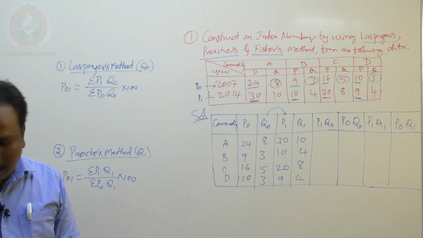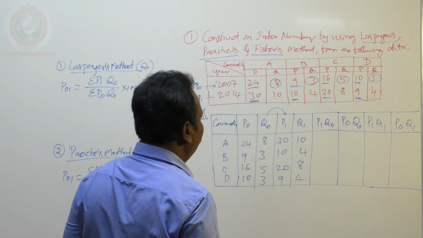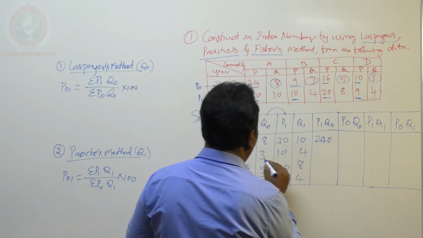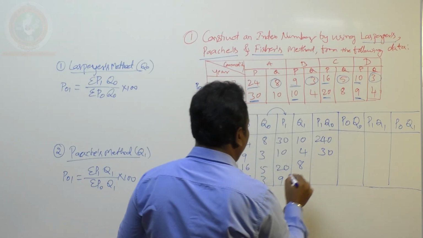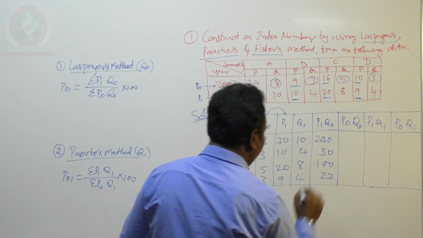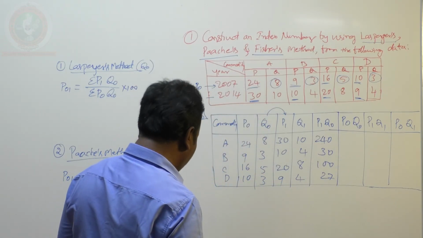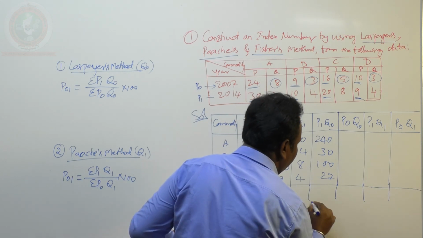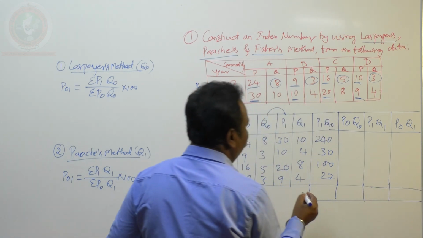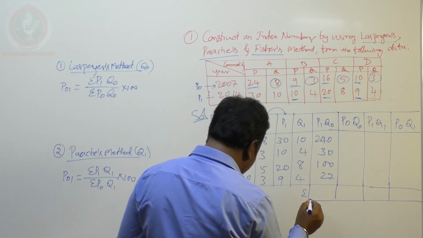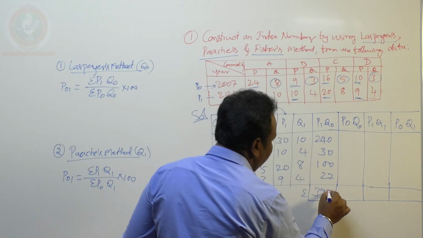Then we will get P1 Q0: 240, 30, 100 and 27. The total, the summation of P1 Q0, is 397.